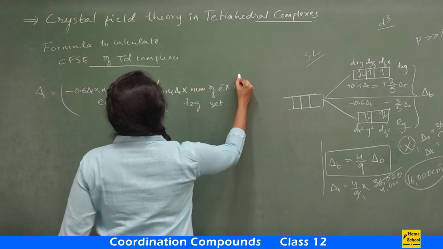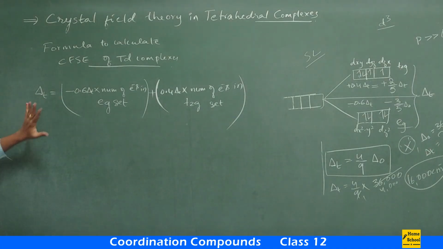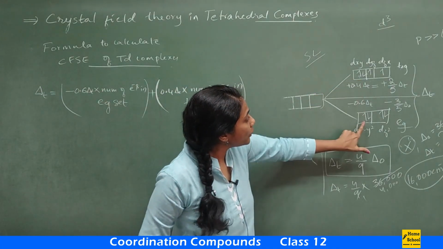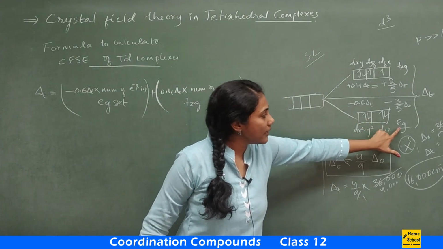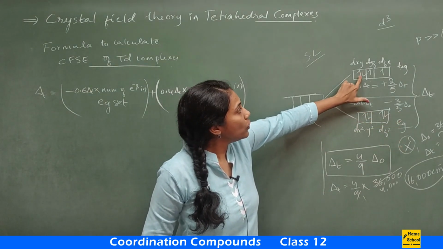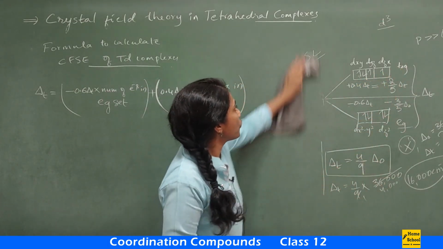So this is the formula by which you can calculate the CFSE of any complex, guys. Look here: this number into the number of electrons in the EG set plus this number into the number of electrons in the T2G set. One example I will show you.